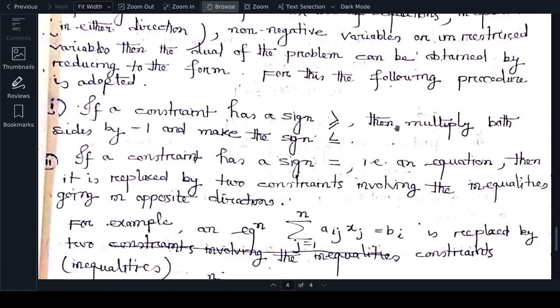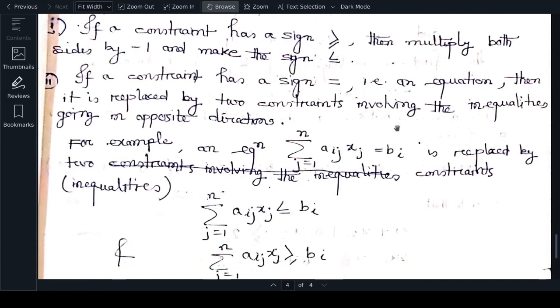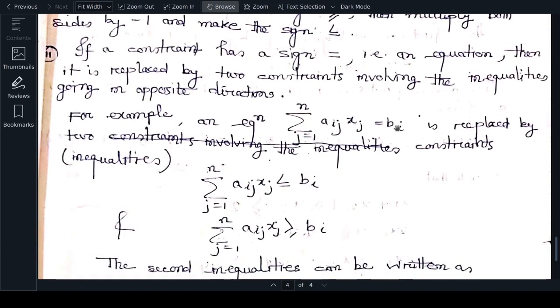If a constraint has a sign greater than or equal to, then multiply both sides by -1 and make the sign less than or equal to. If a constraint has an equal to sign, that is an equation, then it is replaced by two constraints involving inequalities going in opposite directions. Opposite direction means one will be greater than or equal to, another less than or equal to.